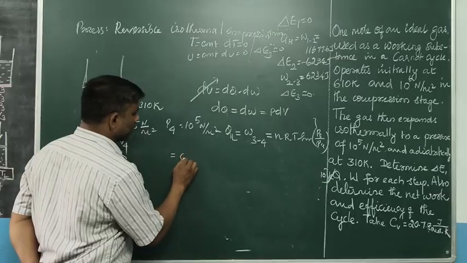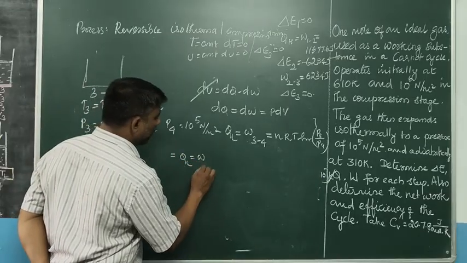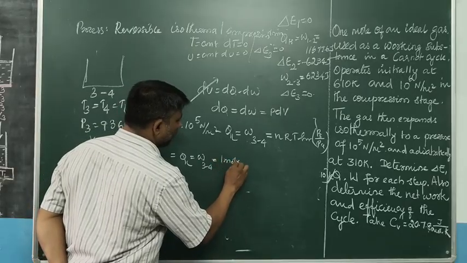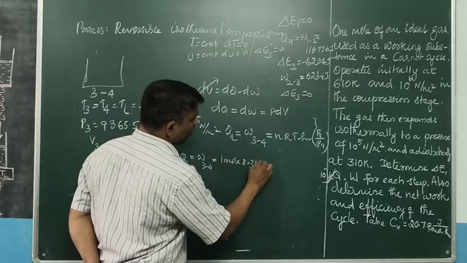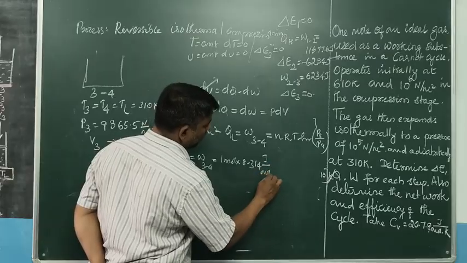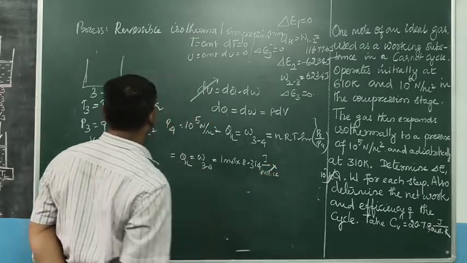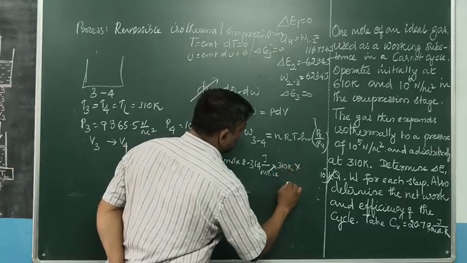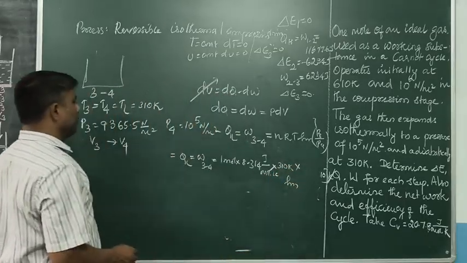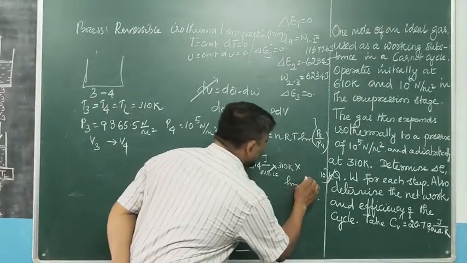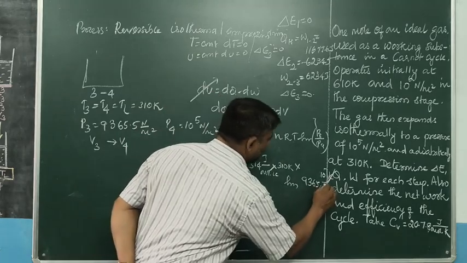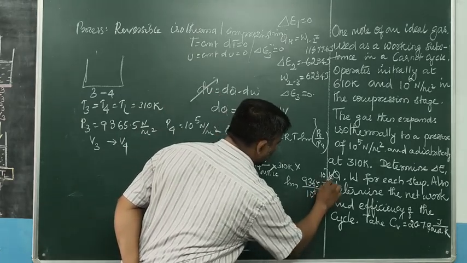The answer is QL is equal to W3 to 4 is equal to 1 mole into 8.314 joule per mole degree Kelvin into temperature, that means 310 degree Kelvin into ln P3 value is equal to 9365.5 divided by 10 to the power of 5.